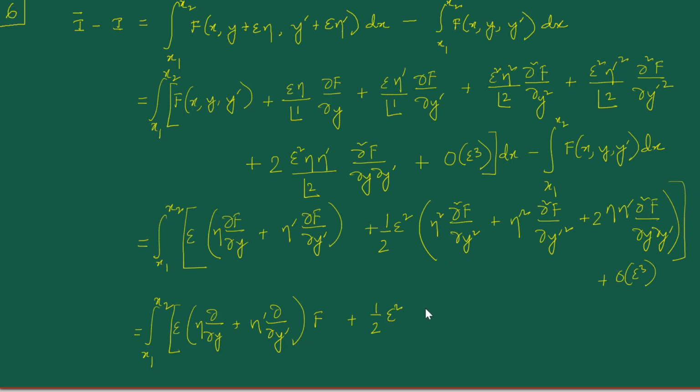This one I will write as a perfect square, again in the form of an operator, so just the square of this. I missed the dx here.